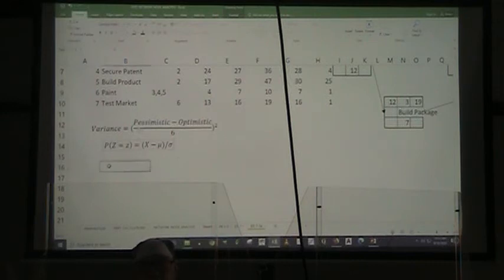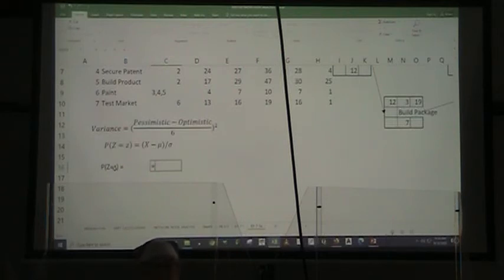Okay. So we get our probability that Z equals z equals, and they ask, what is the probability that we will finish in 93 time units?